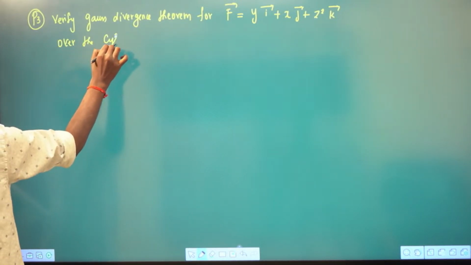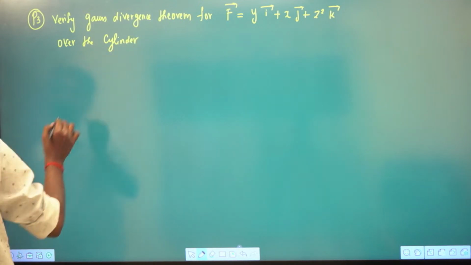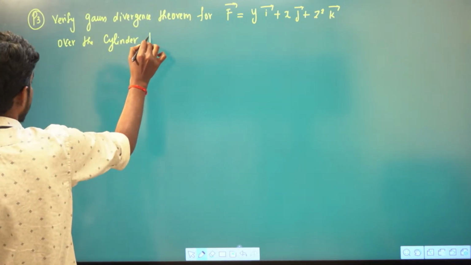The previous problem it is cuboid or parallelepiped. Over the cylinder, cylindrical region.